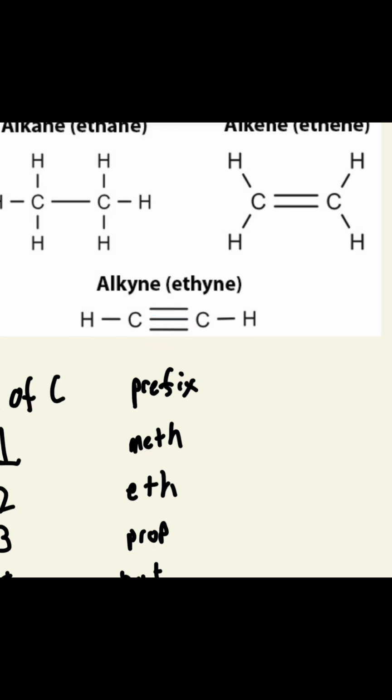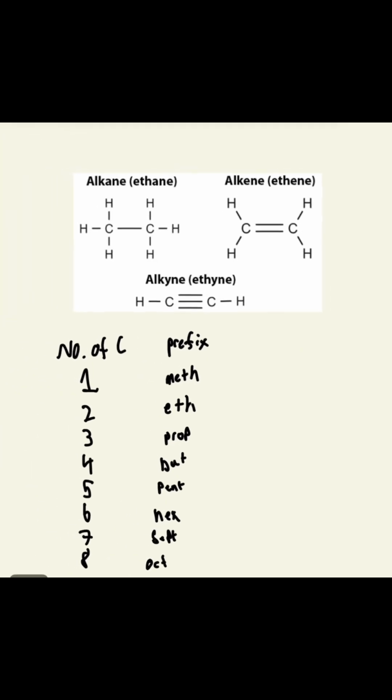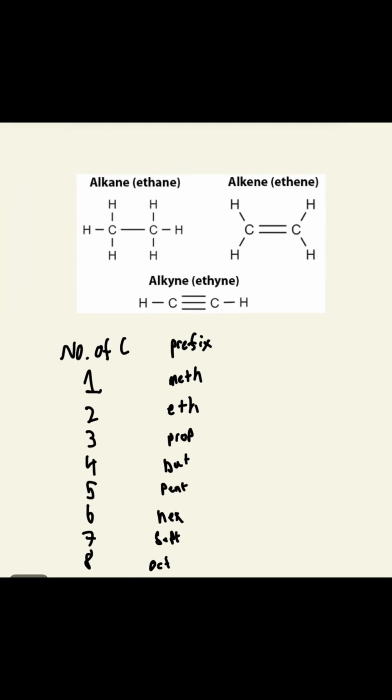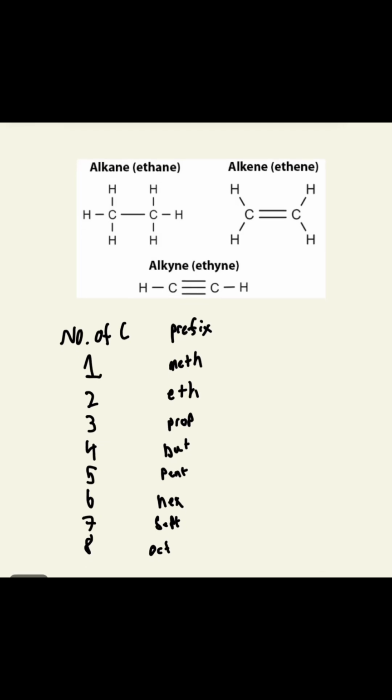Now, as far as naming goes, it's very helpful to understand how to name alkanes, because naming alkanes is kind of the starting point for when you name more complex organic molecules as well. So the first step, which is the same for many other molecular structures and classes, is you count the number of carbons in the longest carbon chain.